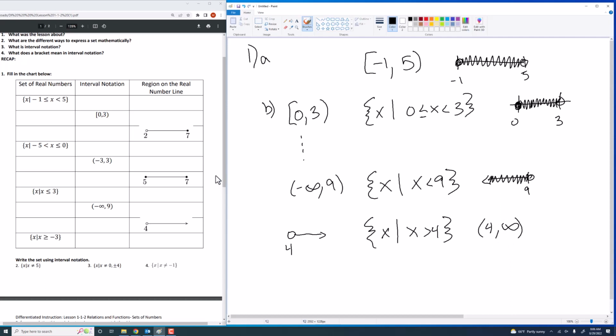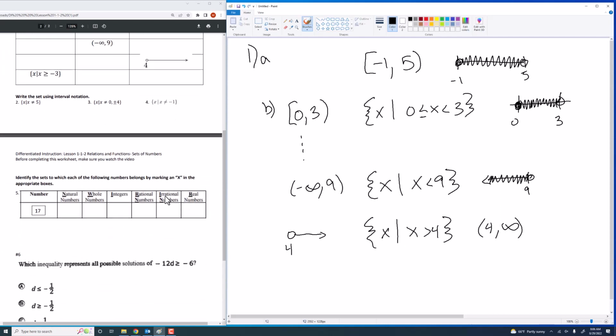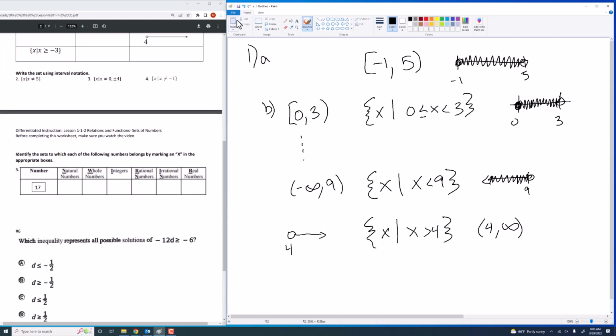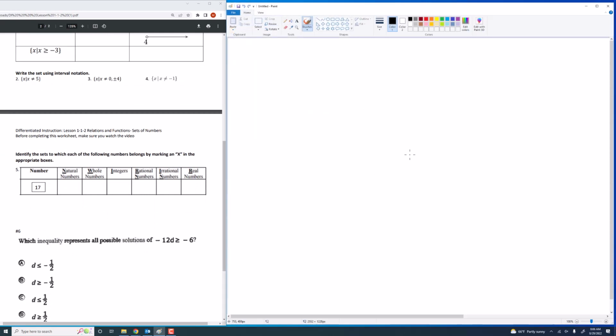Now let's look at some of these other ones down here. Let's look at number 3. It says we're defining x such that x cannot equal 0 and plus or minus 4. But I never said x can't be anything else.